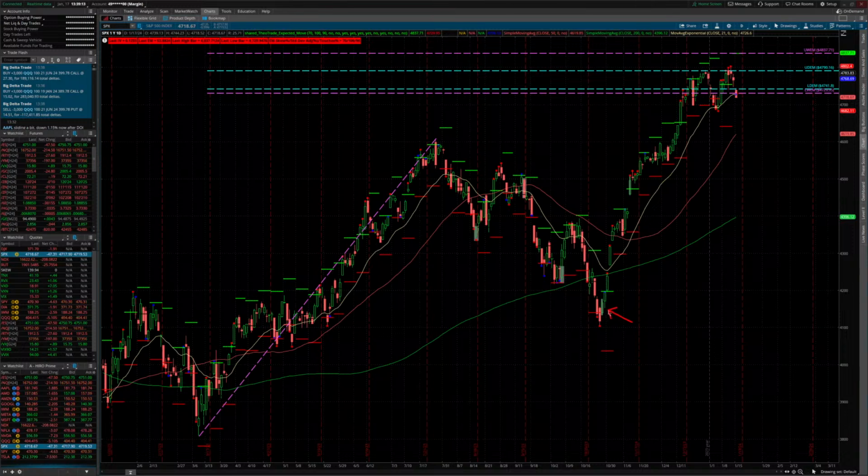This is showing the rally that began October 30th for a variety of reasons. IV collapse, put Vanna rally, what the market interpreted as a more dovish Fed, and lower than expected inflation reports all led to this rally higher that ran into so far pretty stiff resistance right around 4,800.